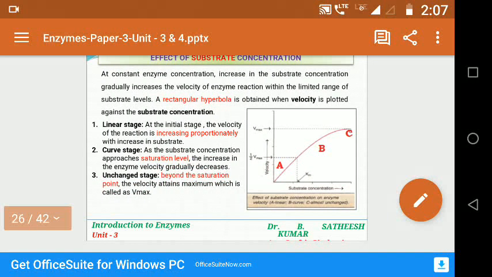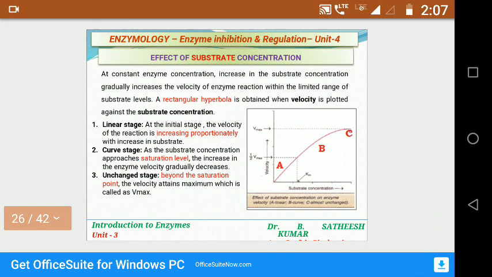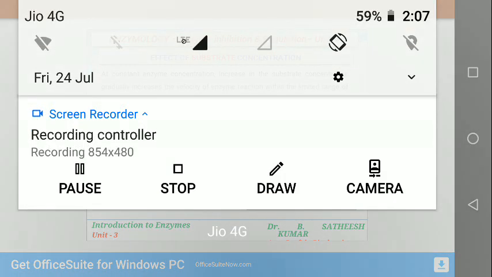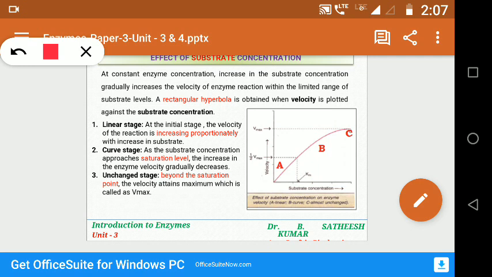The first one is the effect of substrate concentration on the enzyme activity. Suppose we have a fixed amount of enzyme, say for example 10 units of enzyme, that means 10 molecules of enzyme.